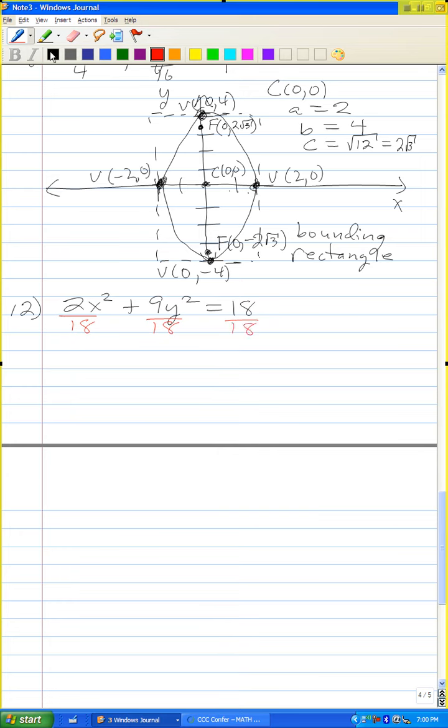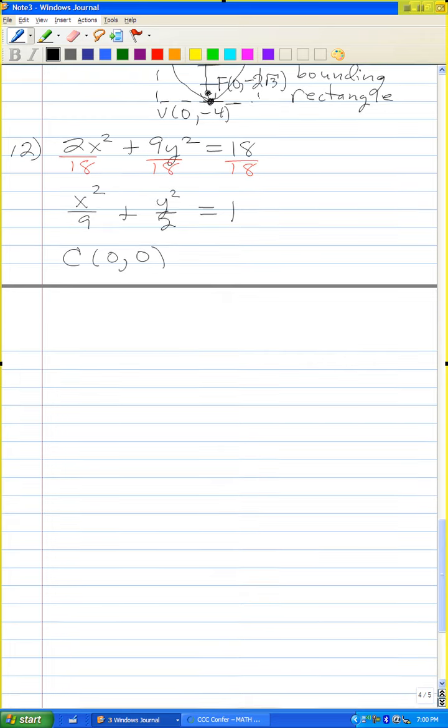And so I get x squared over 9 plus y squared over 2 is equal to 1. And so, therefore, the center of my ellipse is at 0, 0. A is the square root of 9, 3. So I always take A to be the object under X. So A is equal to 3. And B is equal to the square root of what is under the Y.